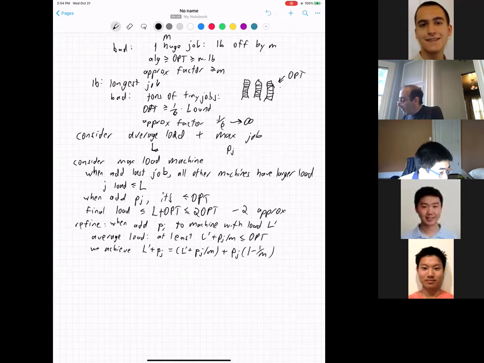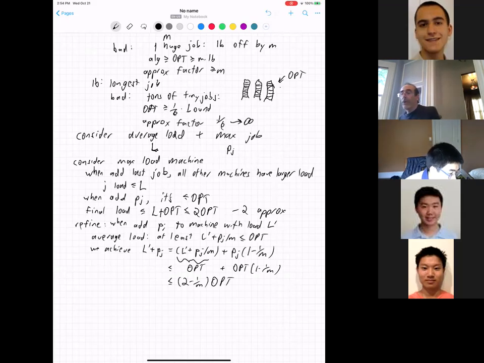I've added PJ over M and subtracted PJ over M. Because now I can say that this first term is at most opt, but the second term now has a 1 minus 1 over m factor in it. So this is at most opt times 1 minus 1 over m. So in fact, the bound that I get is 2 minus 1 over m times opt.